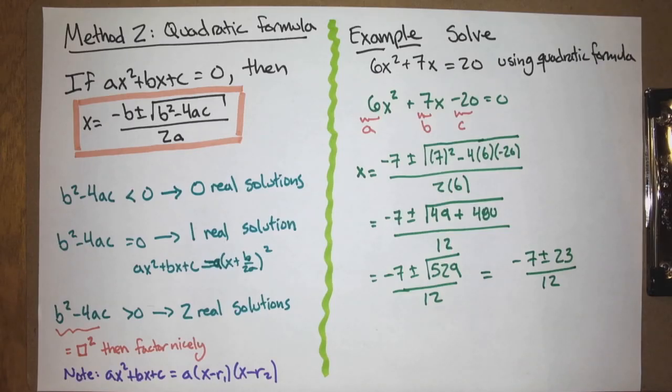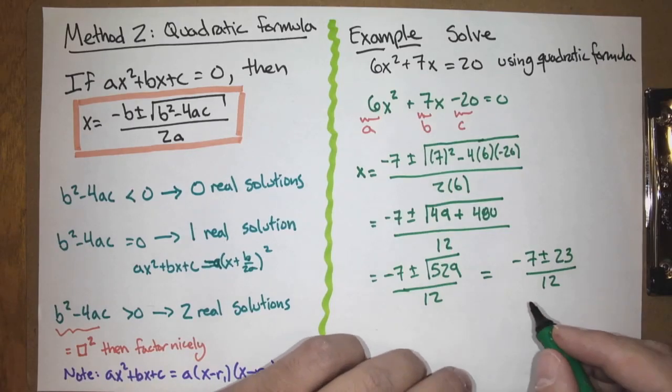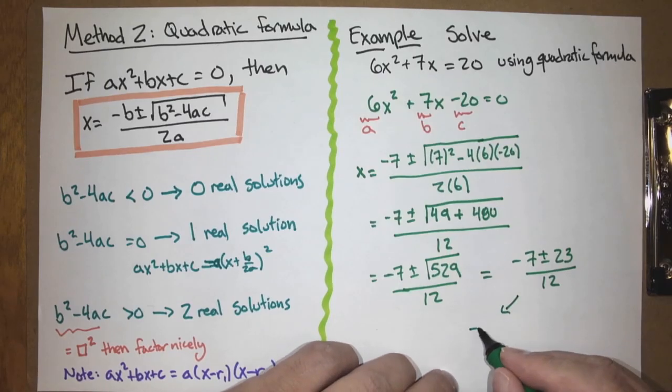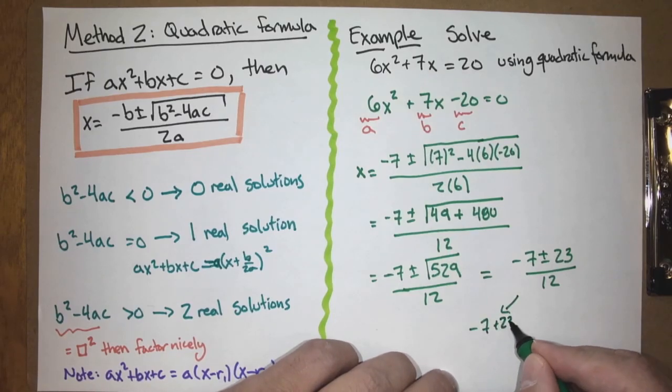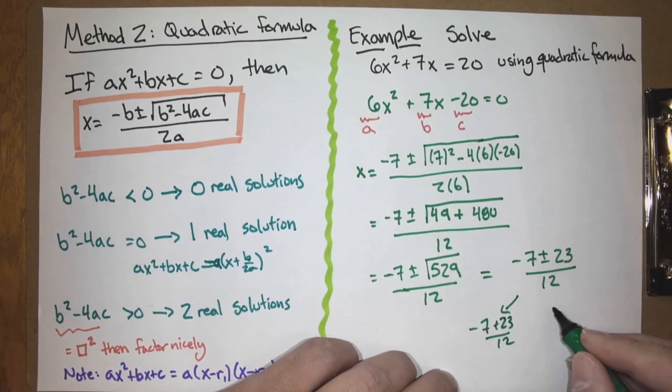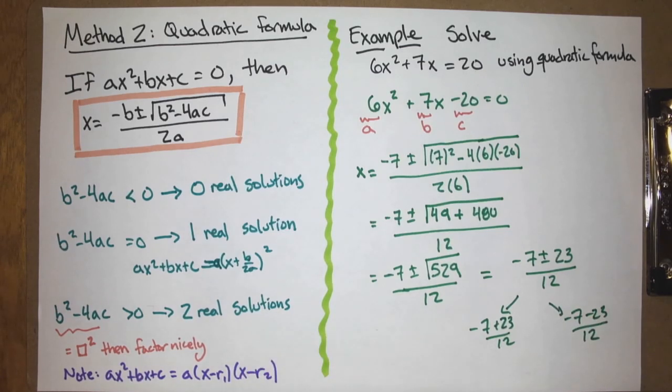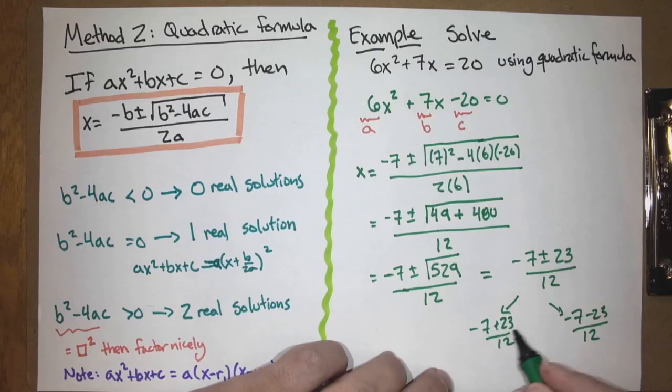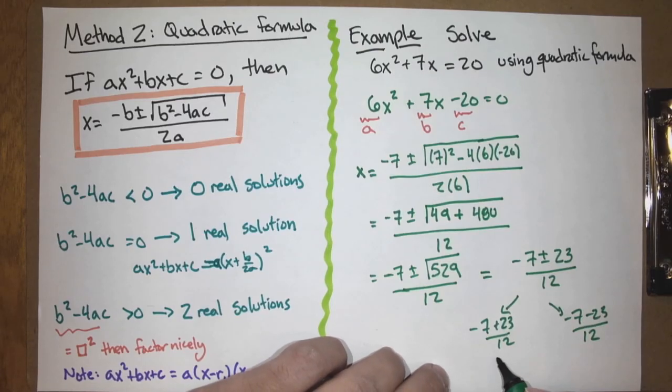And now we're like, oh, cool. So this becomes two possibilities, negative 7 plus 23 over 12, or negative 7 minus 23 over 12. Negative 7 plus 23 over 12, what does that turn out to be? Negative 7 plus 23, or 23 subtract 7 if you like, 16.